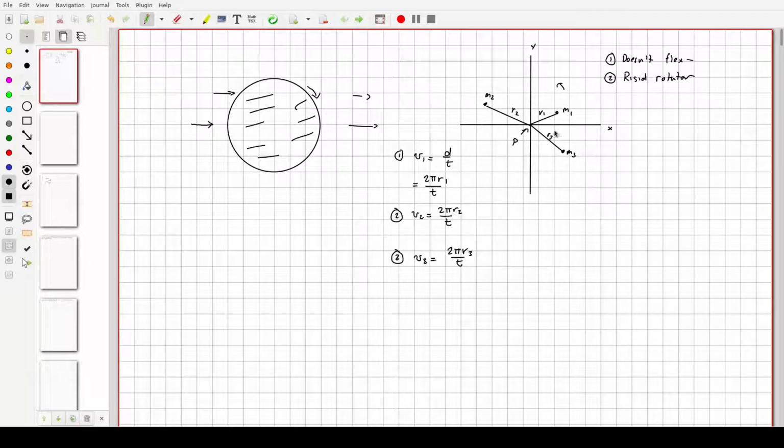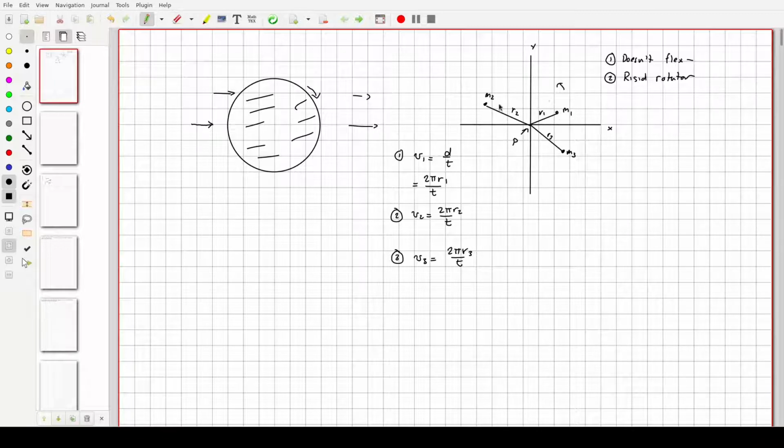So instead of thinking about the velocities of these things as they go through space, what I'd like to do is think about the angle that they sweep out. You see, because this is a rigid body, M1, M2, and M3 all sweep out the same angle over time.